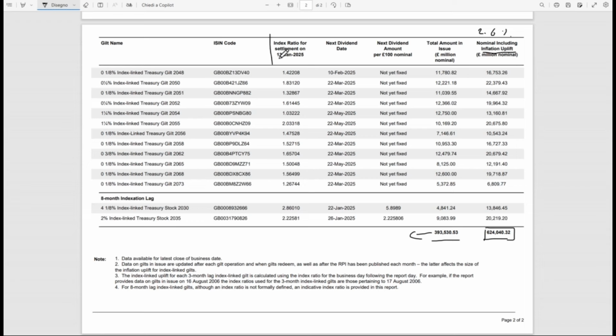Now, this one is the ratio, okay? So for this kind of index linked treasury gilt that was issued 10 or 12 years ago, the index ratio is, for example, 1.4, 1.5. What does that mean?